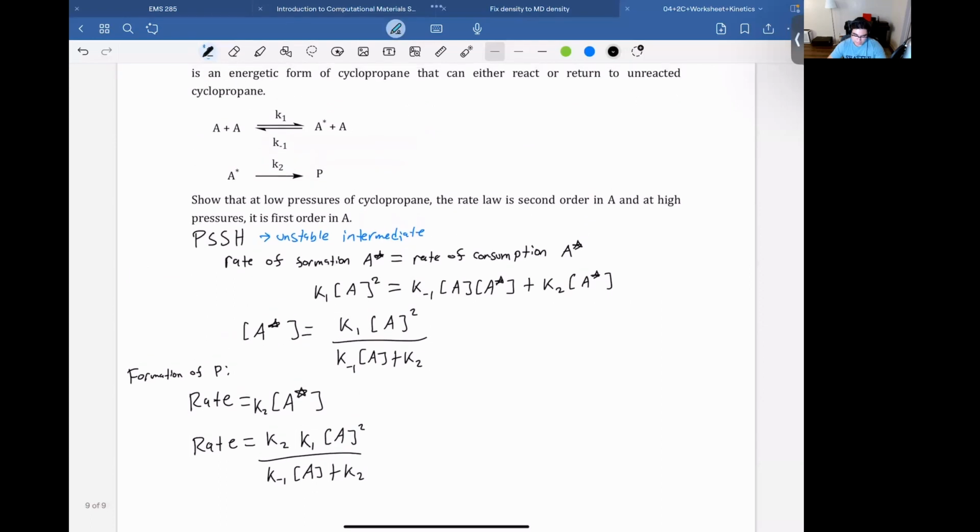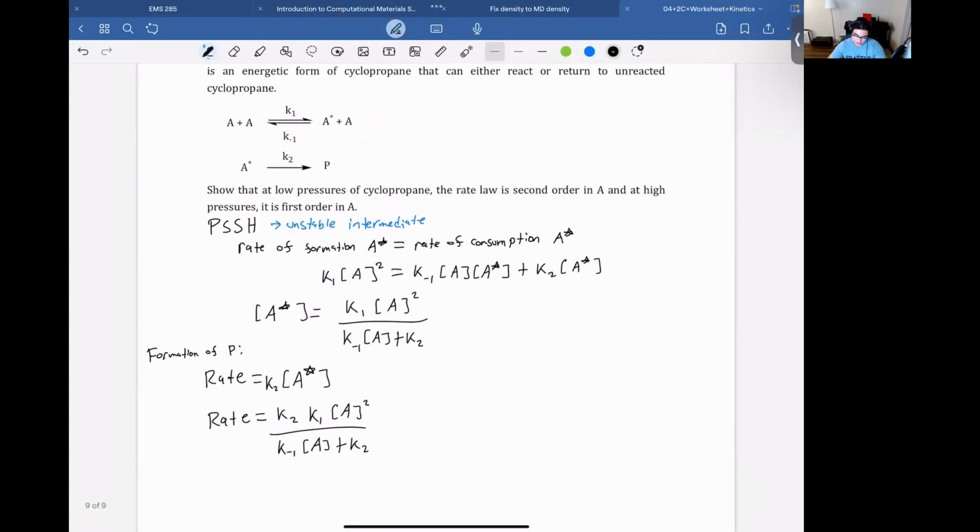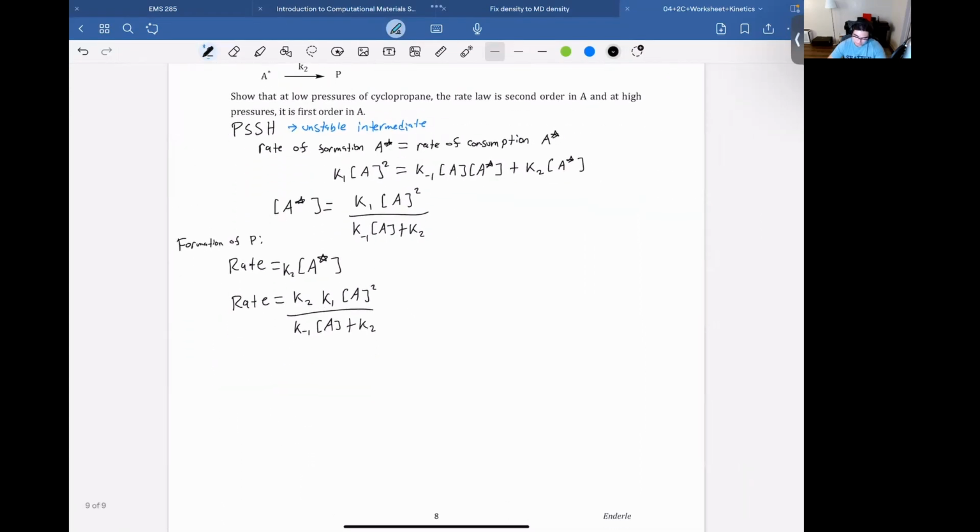So now we have to look at the low pressure and high pressure part. What does that mean? Remember from 2A that you talked about gases and the ideal gas law? Actually, it's the other way around. Sorry.